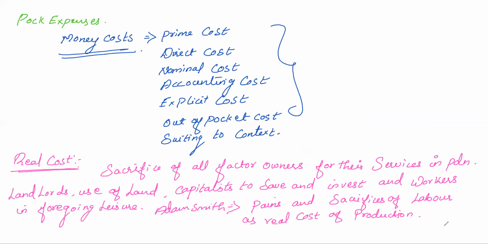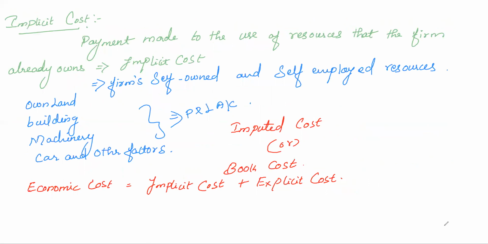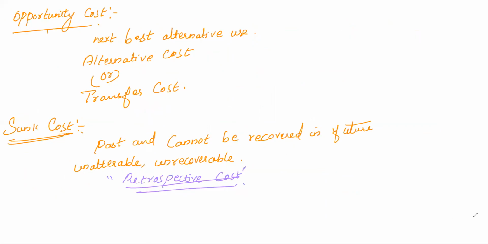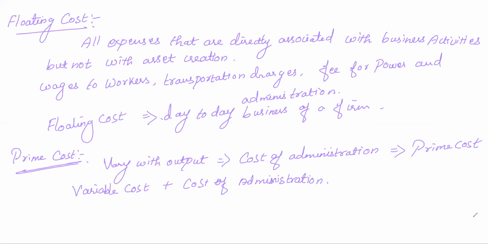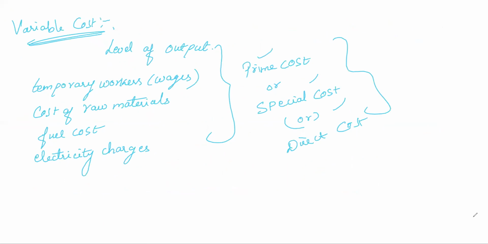Next money cost, real cost, explicit cost, implicit cost, economic cost, social cost, Alfred Marshall's definitions, then opportunity cost, sunk cost, floating cost, prime cost, fixed cost, and variable cost. That's all. So there are 12 costs we have seen in today's class.